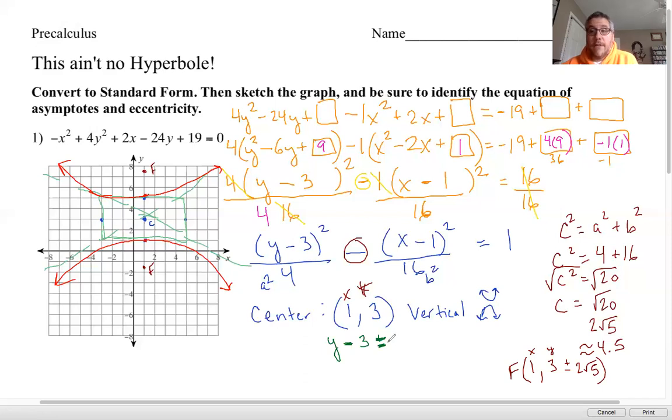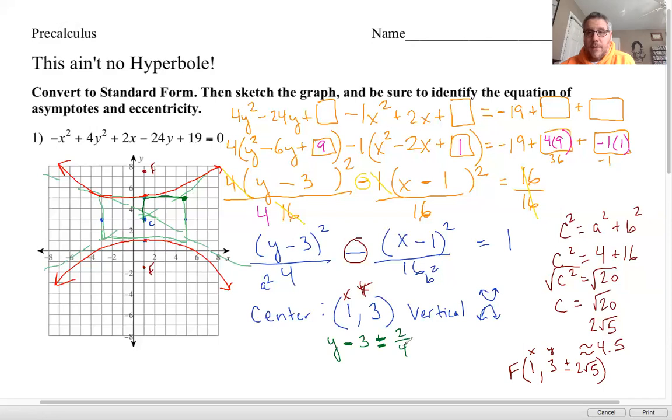What I do, and this always works no matter which way the hyperbola is oriented, go to your center here, and count the rise and the run from the center to the corner of your box. So this one is rise, 1, 2, run, 1, 2, 3, 4. So your slope here is 2/4.